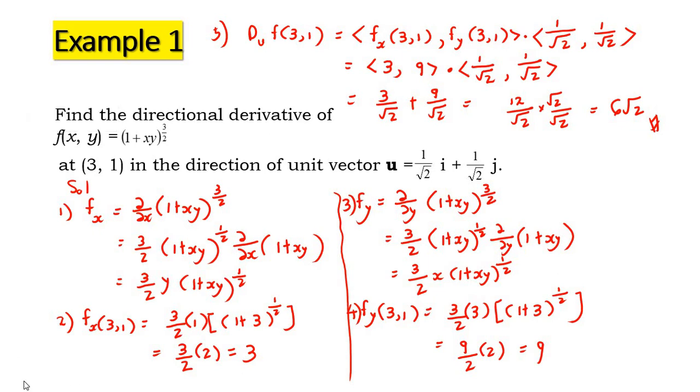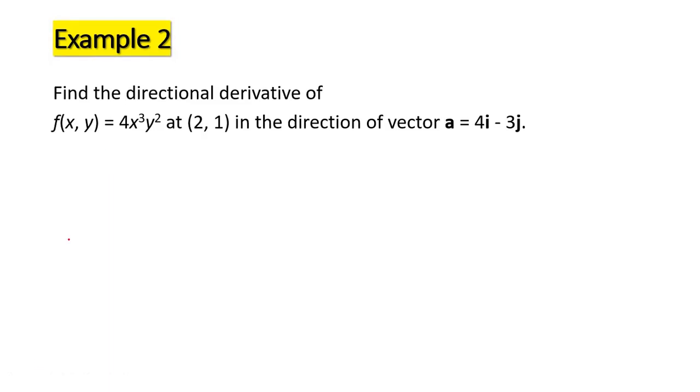Next, example 2: find the directional derivative of f(x,y) = 4x cubed y squared at (2,1) in the direction of the vector a = 4i minus 3j. Compare example 2 and example 1. This is not a unit vector, so from a you have to make it a unit vector.